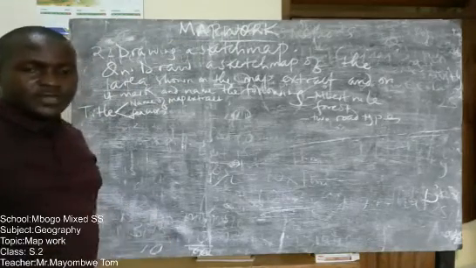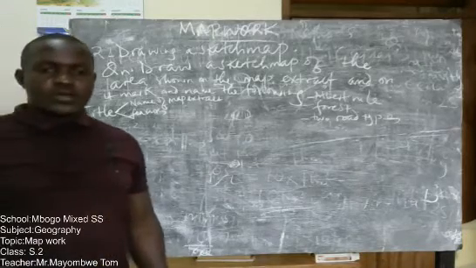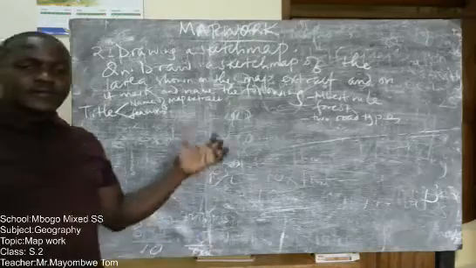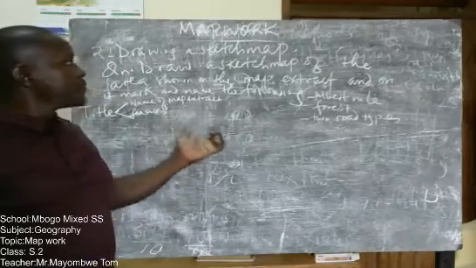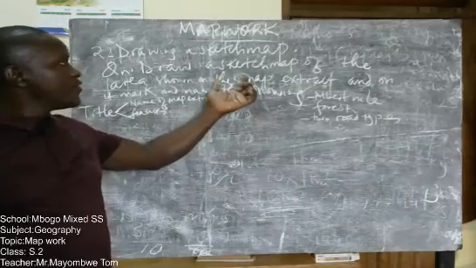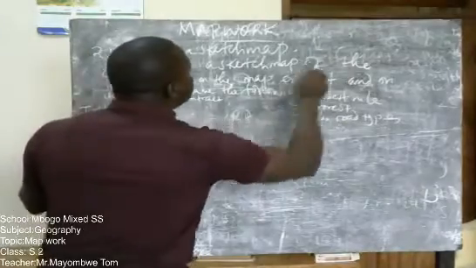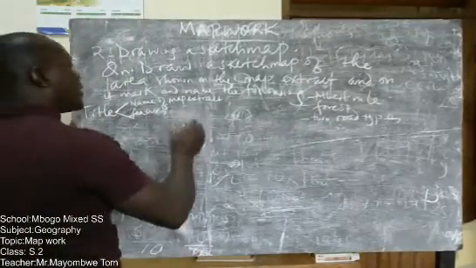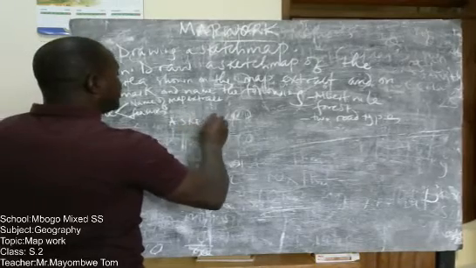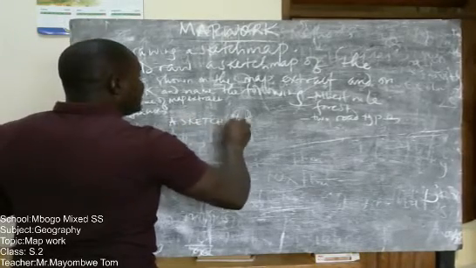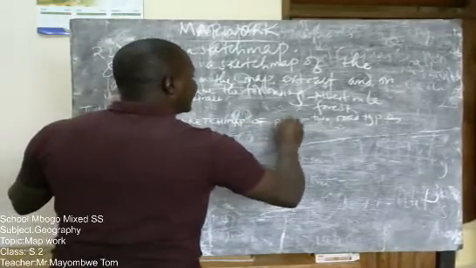Who can give us the title? I've said the title must have the name of the map extract and then the features asked. Get it from the question here. You have been told to draw a sketch map. Therefore, you tell us a sketch map of where? Of Pakwachi.